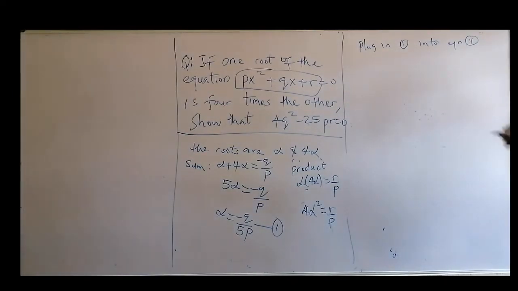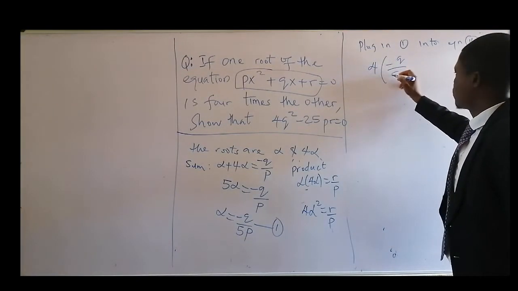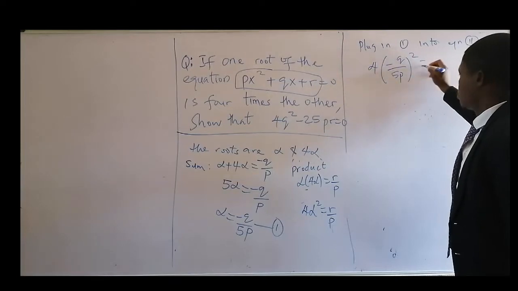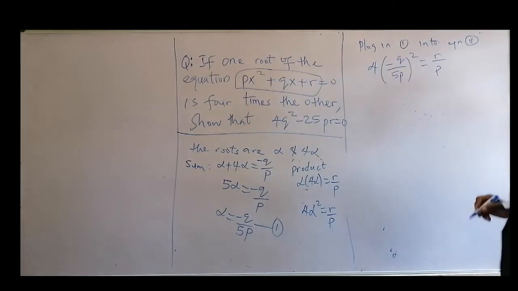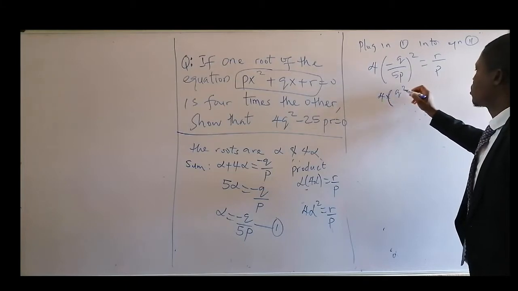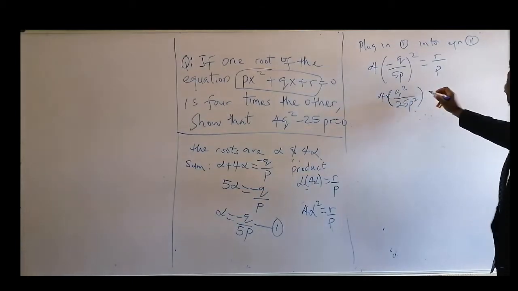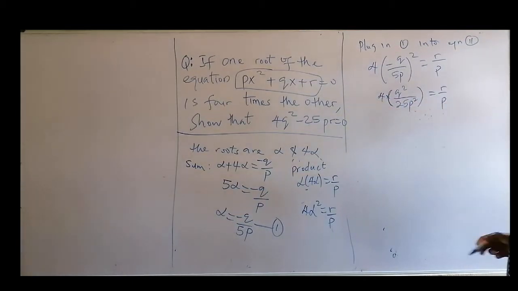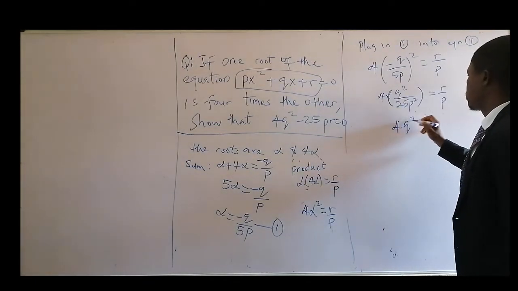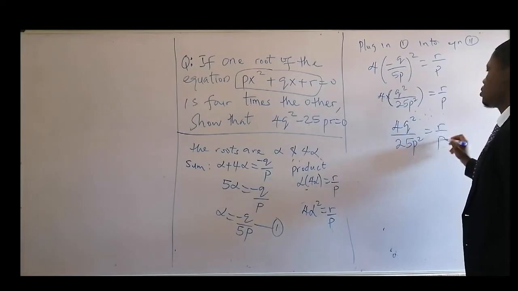Equation 2 now becomes 4 into brackets minus q over 5p squared equal to r over p. This is 4 times q squared over 25p squared, equal to r over p. Open the bracket: 4q squared over 25p squared equal to r over p.